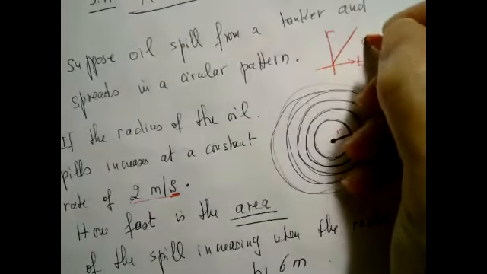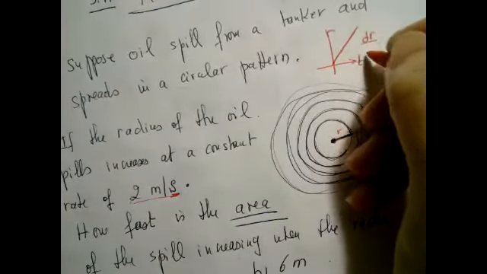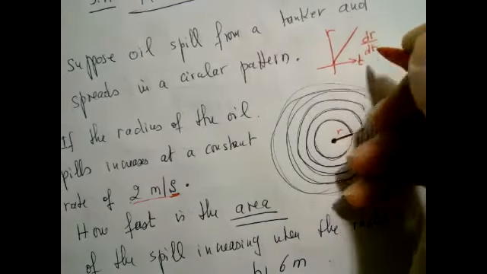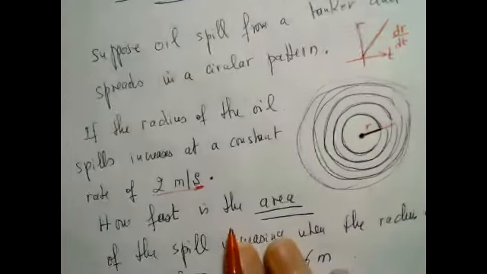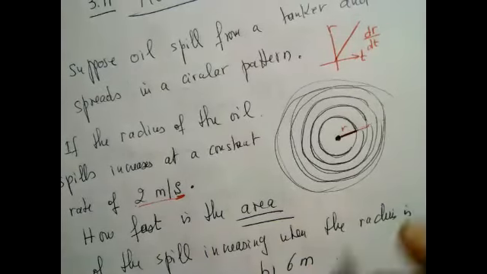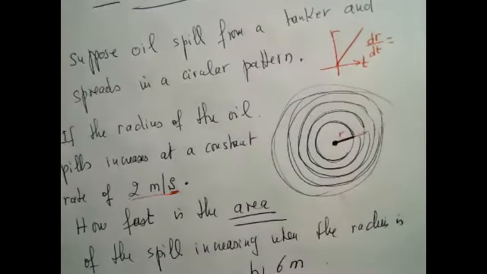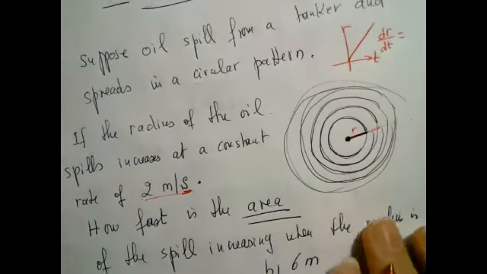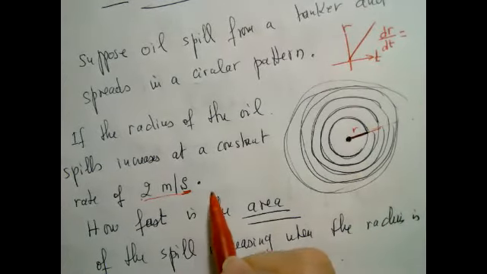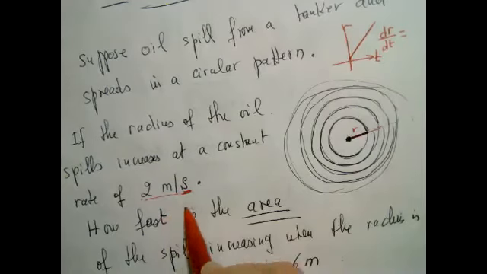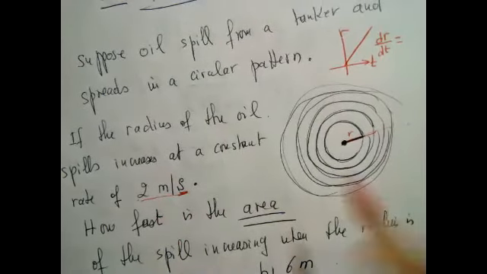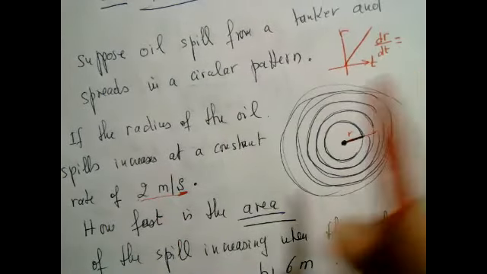So now if I ask you, what is the derivative of the radius with respect to time? In this specific scenario, it's a constant rate. So how fast is the radius changing with time?